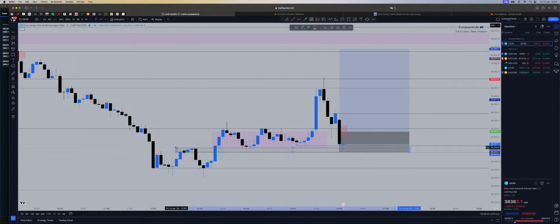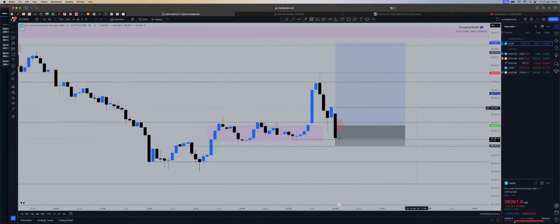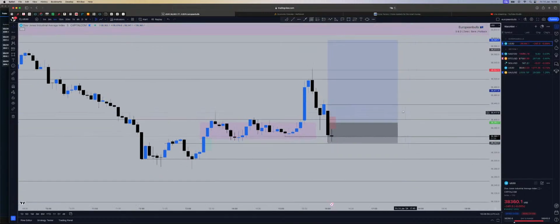Here I think it's the imbalance area where the price is low on this area right here to the half FHE. Well, anyway, there's no point now in seeing what happened here, but we will see.